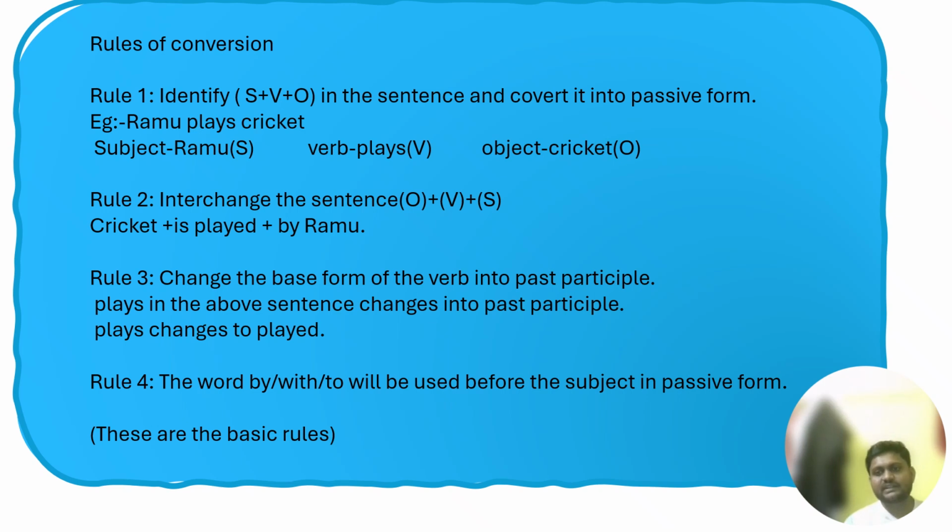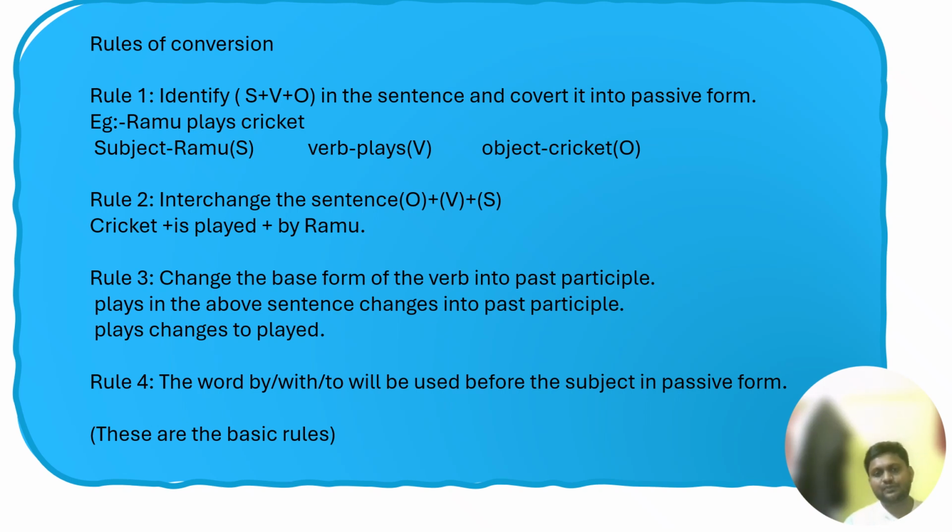For converting it into passive form, we have to interchange its position. Object will come first, then the verb, and at the last, the subject of the sentence. For example, cricket is played by Ramu. This is the passive form of Ramu plays cricket.